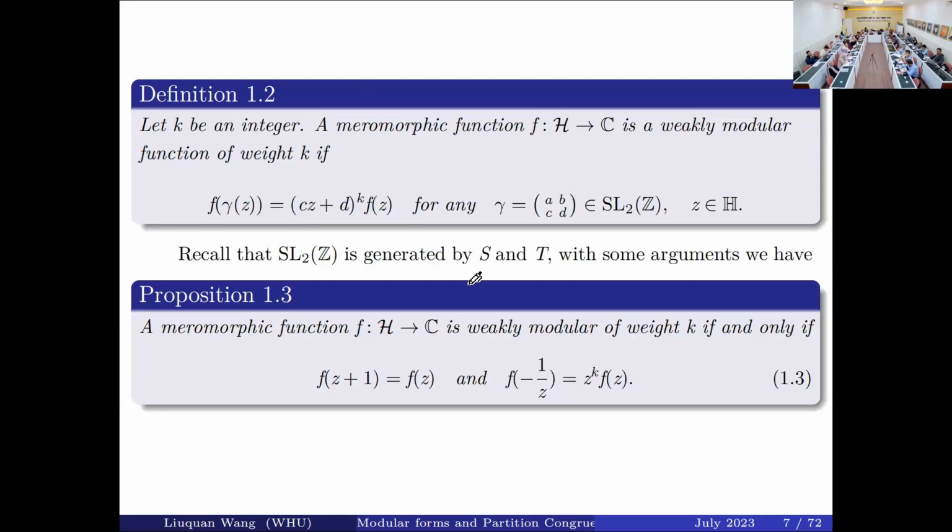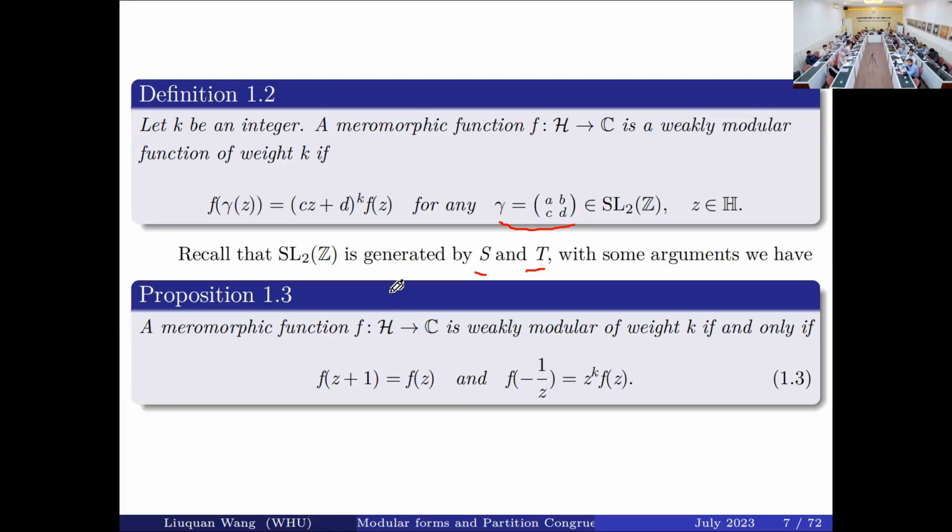And recall that SL2Z is generated by S and T. So in order to verify whether f is a modular function or not, we do not need to work with every matrix here. Instead, we just need to verify this functional relation with the matrices S and T. So this simplifies the definition.